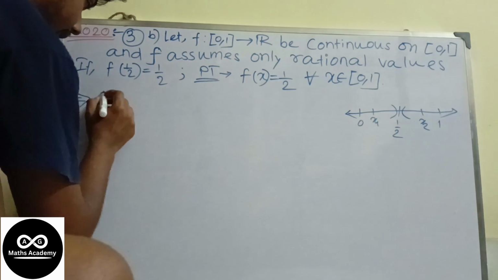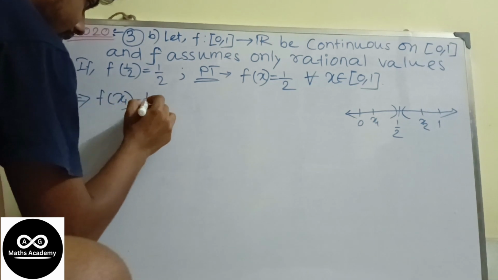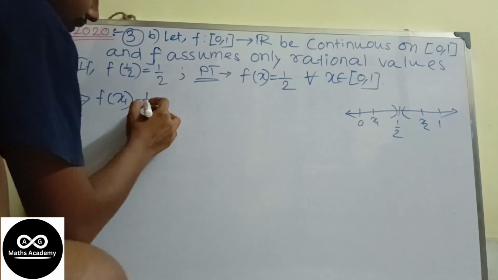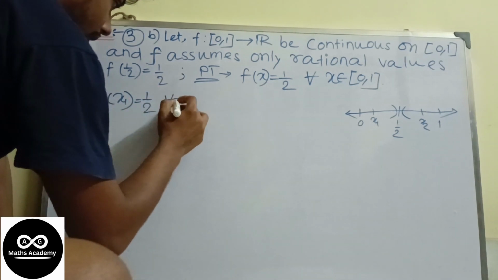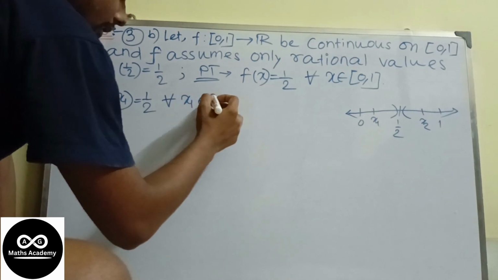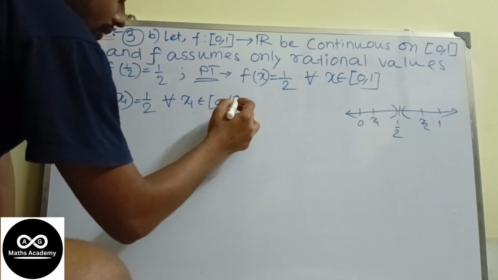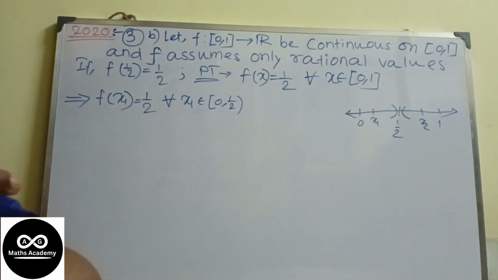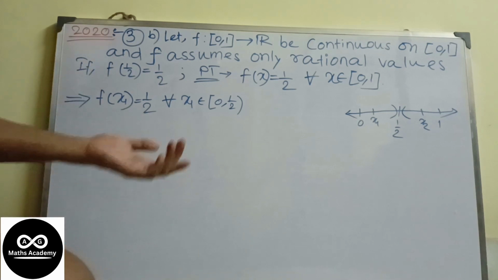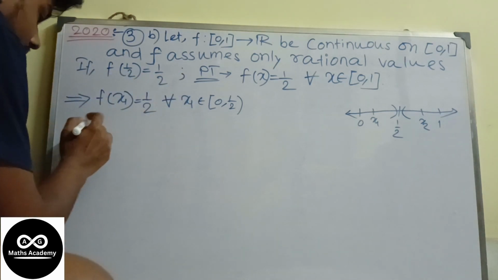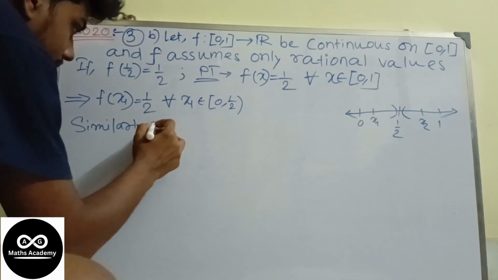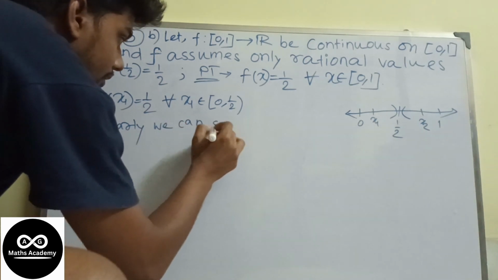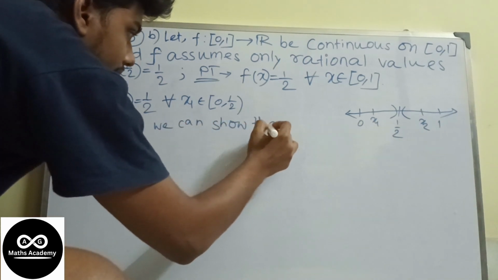So what do we get? f of x1 is half for all x1 belonging to closed 0 to half.